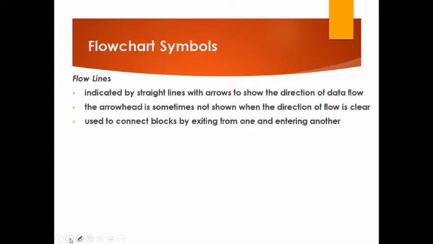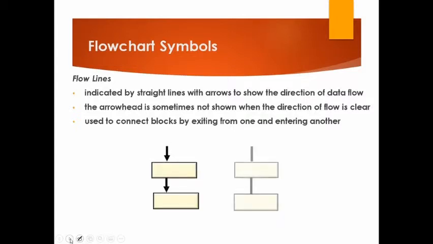Okay, so right now we need to discuss flow lines. Just like what I emphasized earlier, flow lines are indicated by straight lines with arrows to show the direction of the data flow. And also, an oval is labeled with the name, the arrowhead.